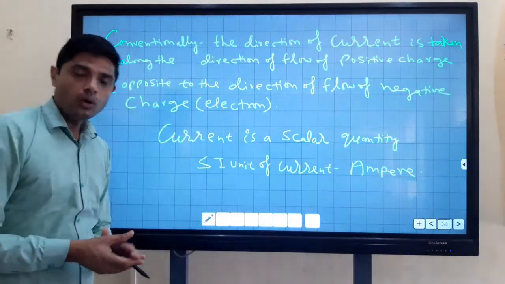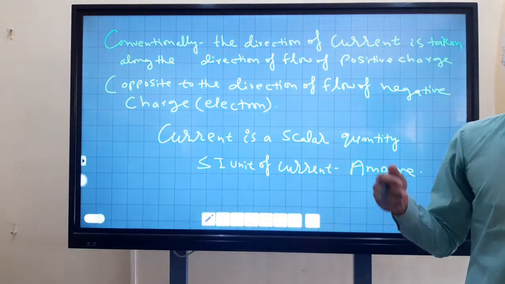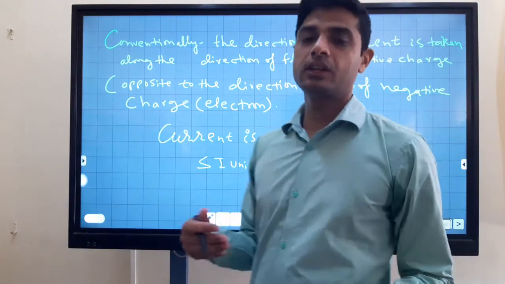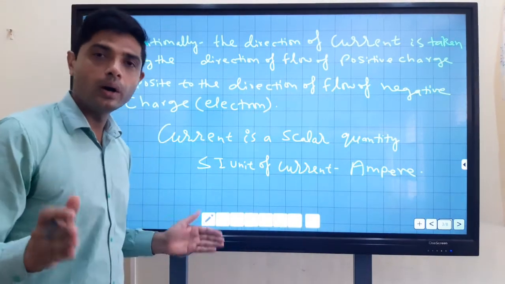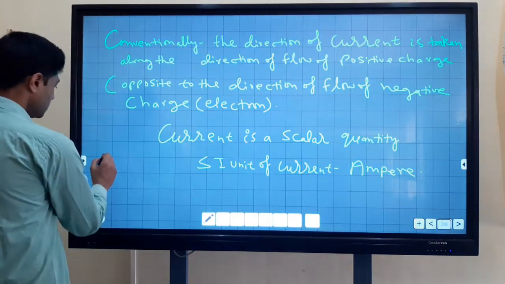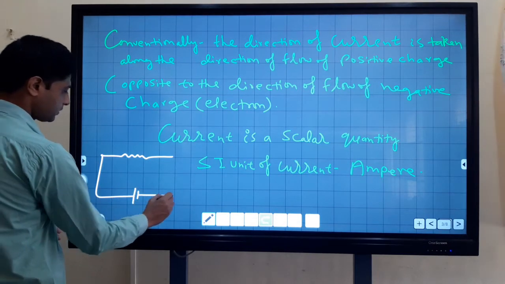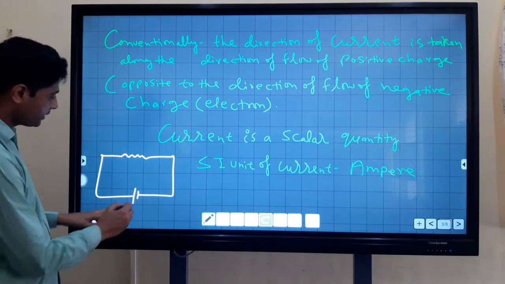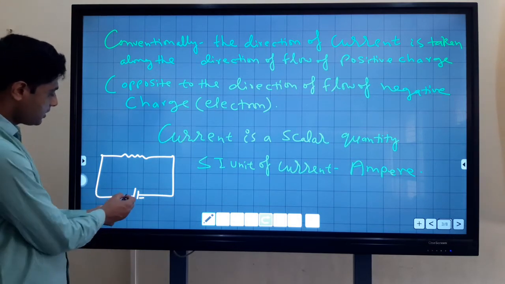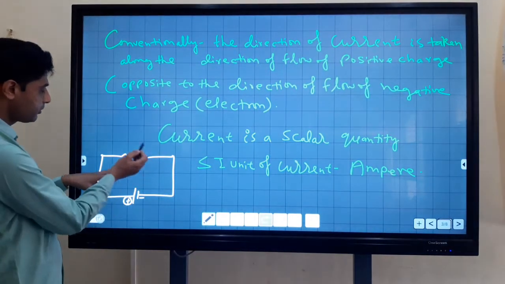Conventionally, the direction of current is taken in the direction of positive charge. It means the direction of current in a circuit is taken as opposite to the direction of flow of electrons. So this is the circuit, with a negative terminal and a positive terminal; the positive terminal is at higher potential and the negative at lower potential. Electrons flow from the negative to the positive terminal.